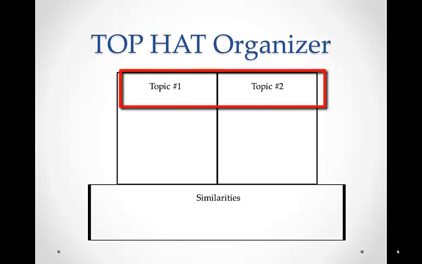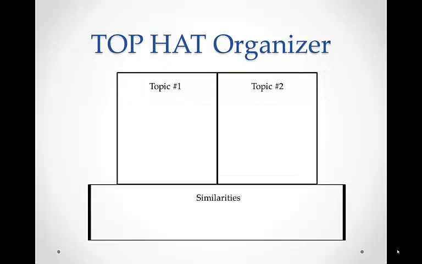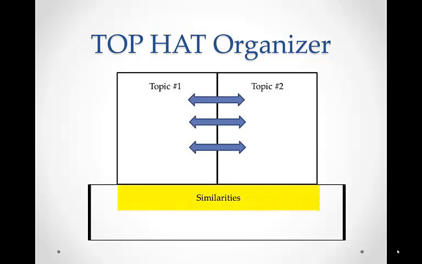Up there in the top part of the hat, you've got topic 1 and topic 2, and that's where you would put those differences, and you'd line them up parallel to one another down through that graphic organizer in that space. And then down in the bottom, you would deal with the similarities together.